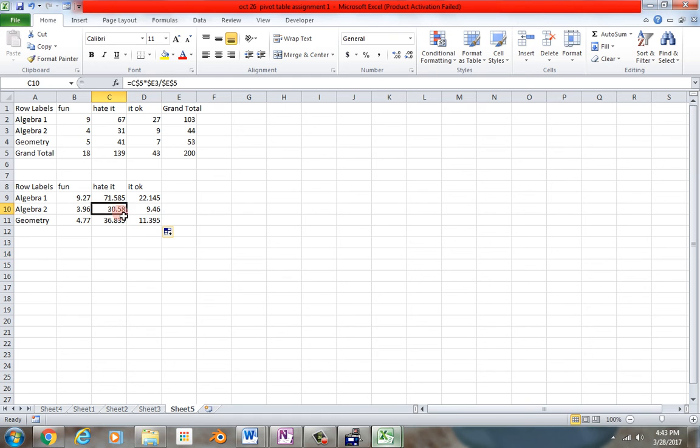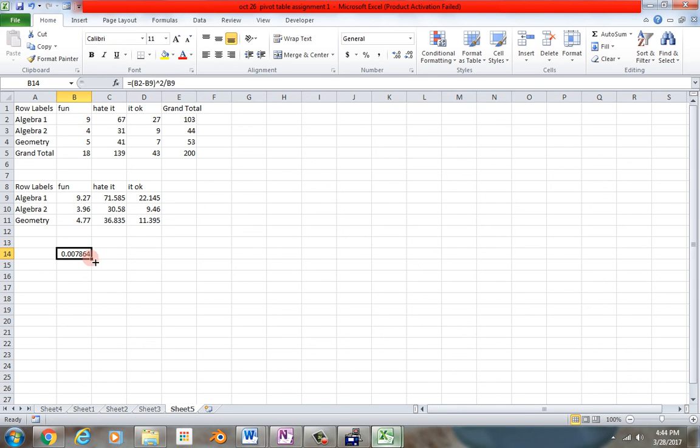I think it's always a good idea to double check. Is that the right thing? Yes, it's the right row and the right columns. That's awesome. And so then my values will be equal to observed minus expected, squared, divided by expected.